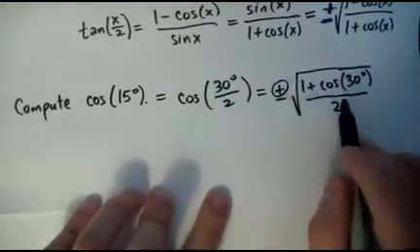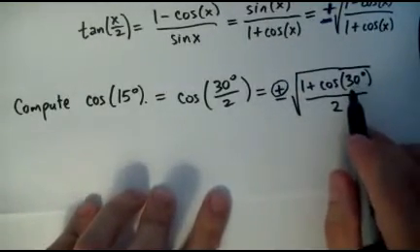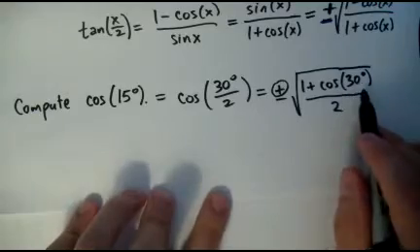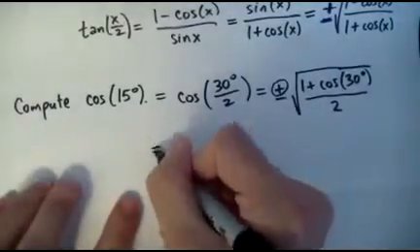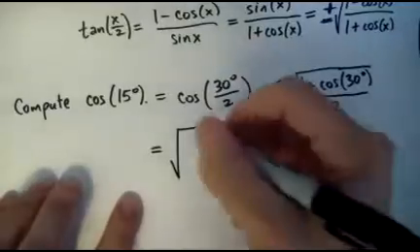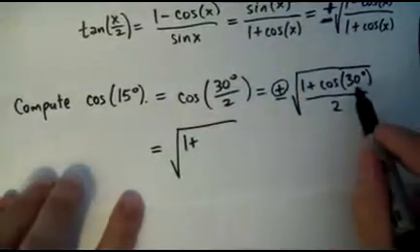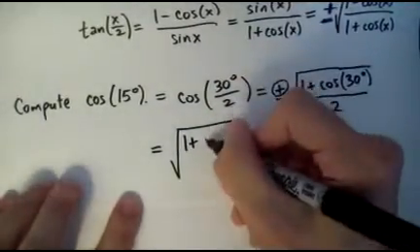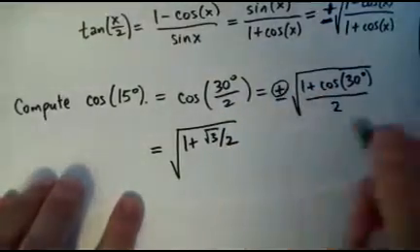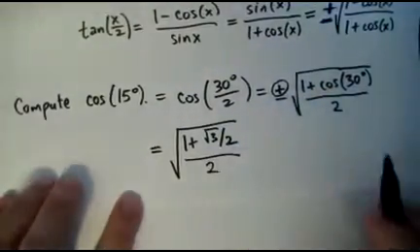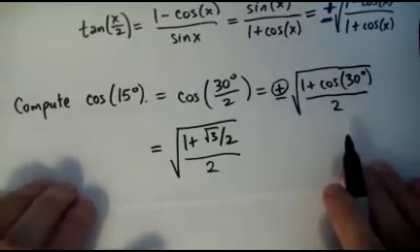So we're going to take the positive sign and then compute the rest. And we can compute the rest because we know what cosine of 30 degrees is. So we find that this is the square root of 1 plus the square root of 3 over 2 all over 2. And we can simplify this a little bit more.